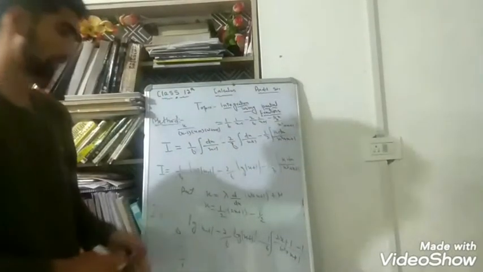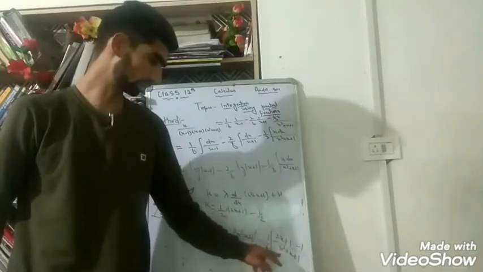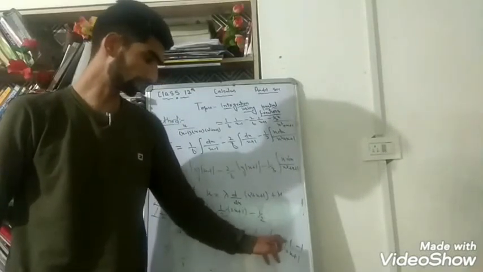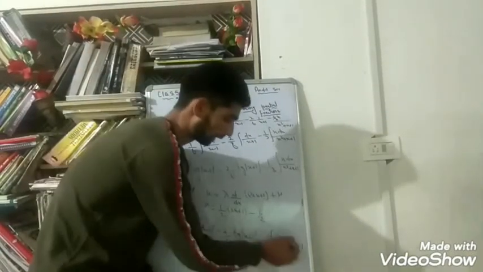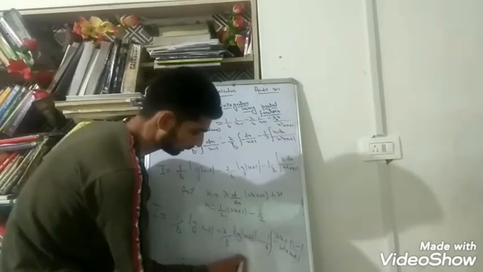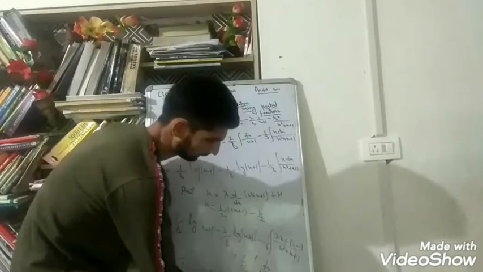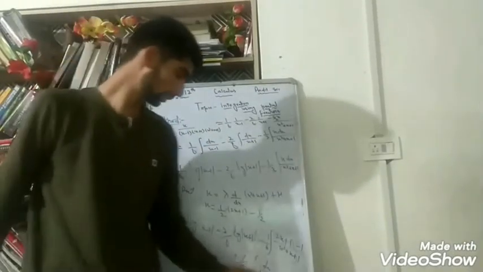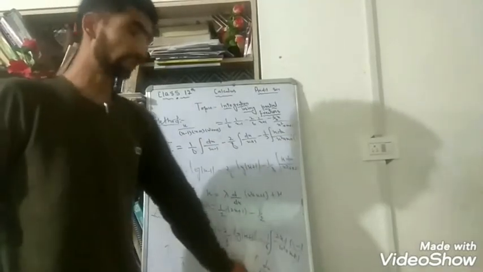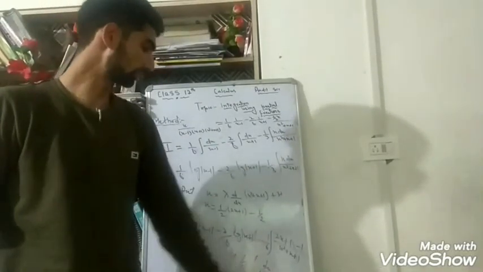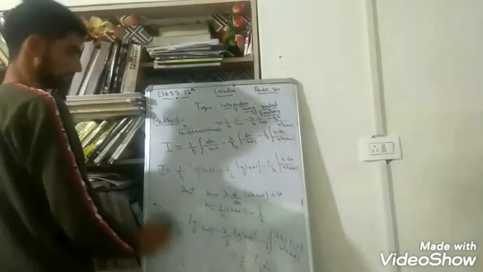Now you will put this to t, so you will get 2x plus 1 dx is equal to dt, and you will get this integral after this. But after that you have 1 plus 1 divided by 6 integral of dx divided by x square plus x plus 1. This is now easy, beta, because you know that this integral can be solved by the method of completing the square. You have to convert this in terms of a square, and then you can get the solution.